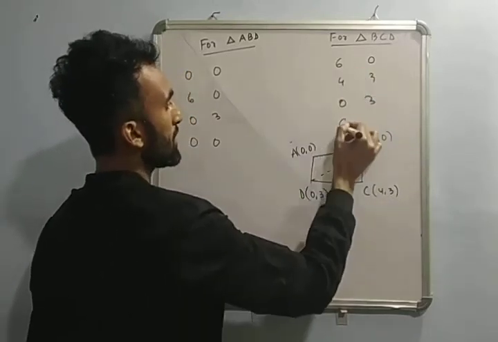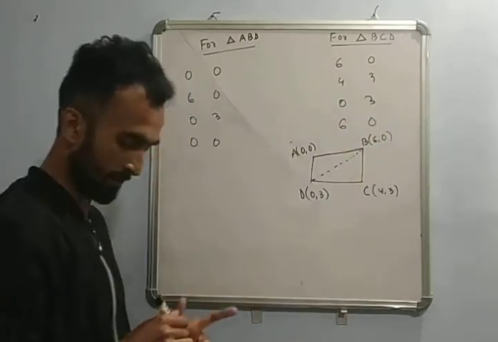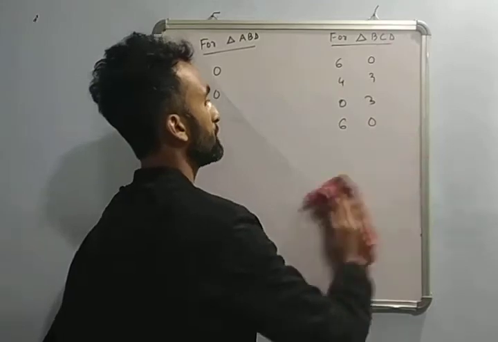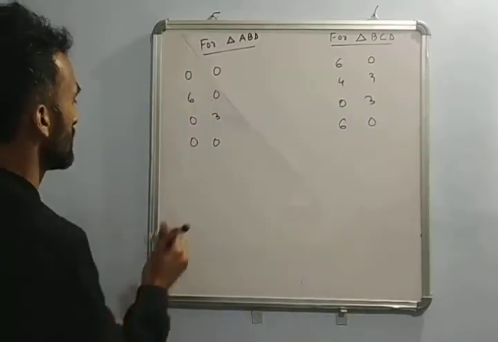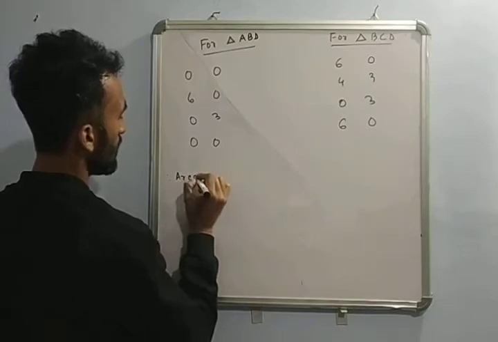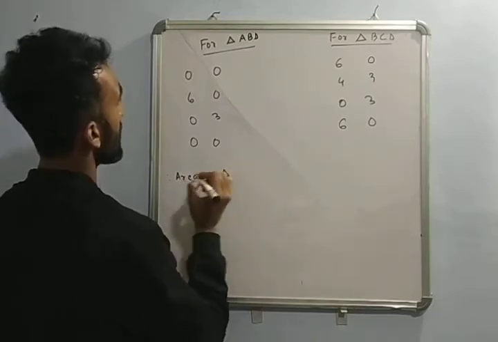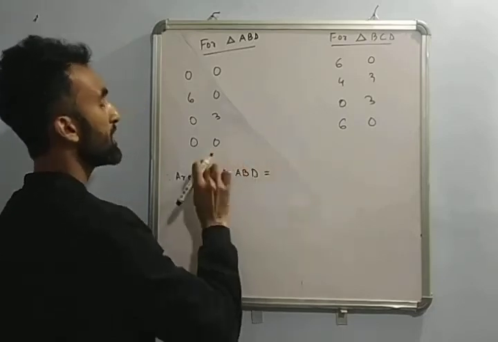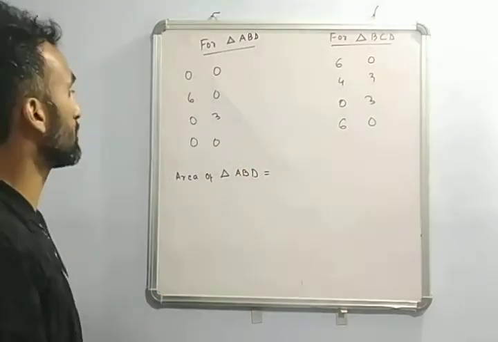Write down the same thing here, 6, 0. Okay. So I don't need this part now. Therefore, area of triangle ABD. I'll find out for triangle ABD and separately this one and then I'll mix them up.